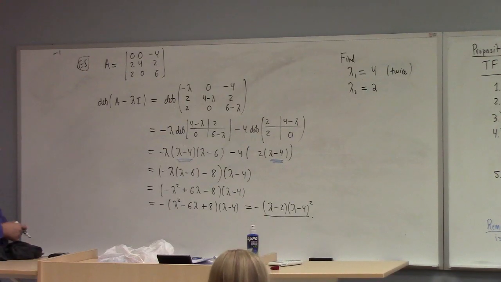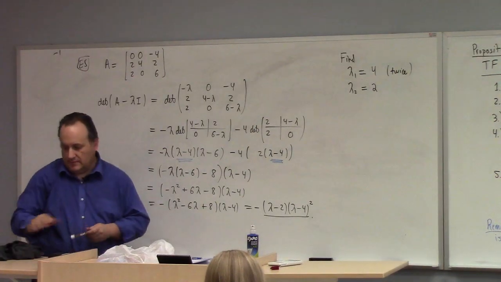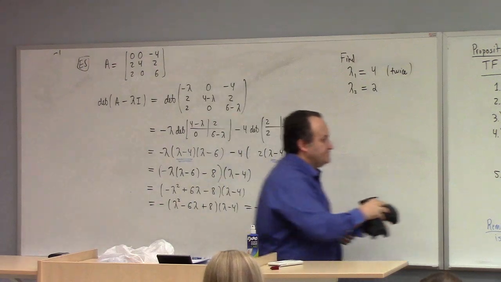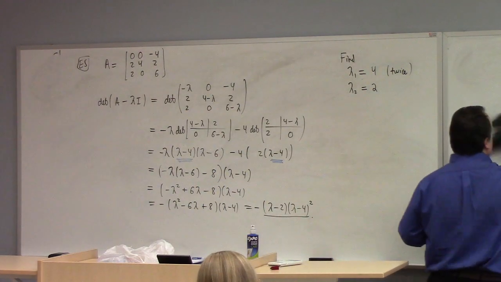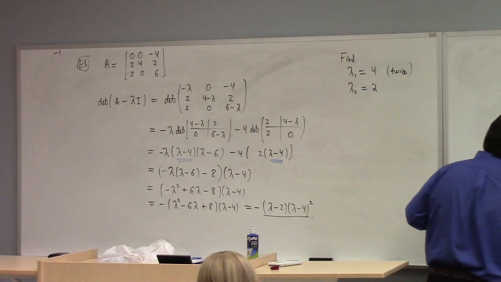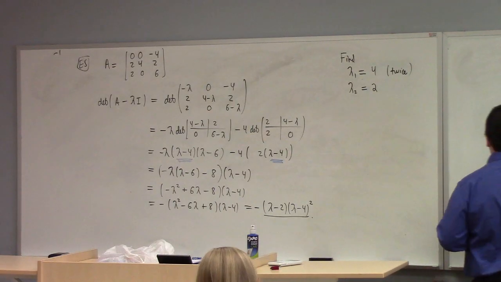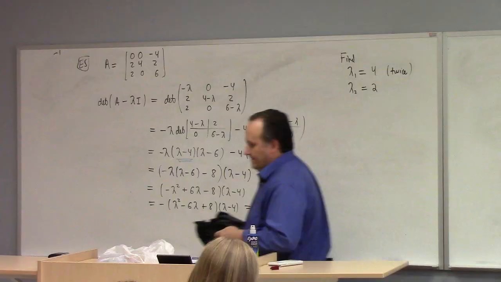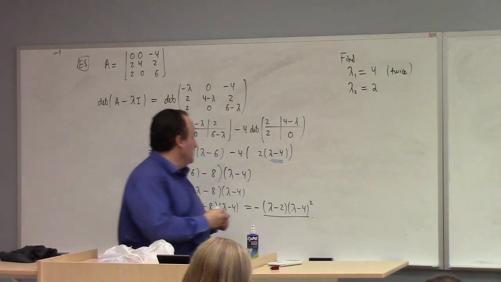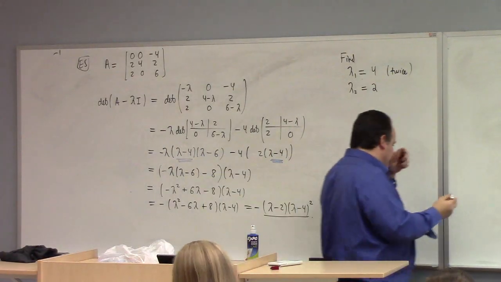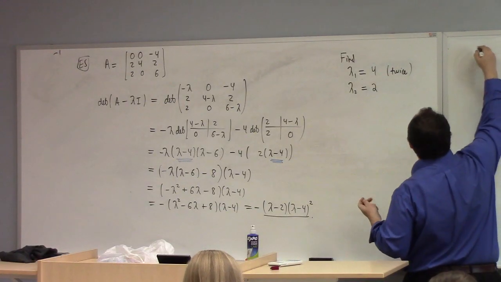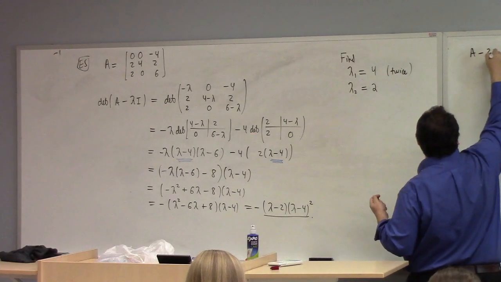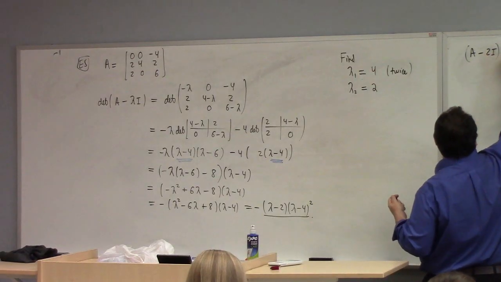All right, now let us find the eigenvectors. We'll do the 2 first. A minus 2I times u1.